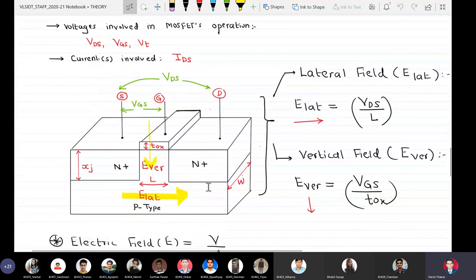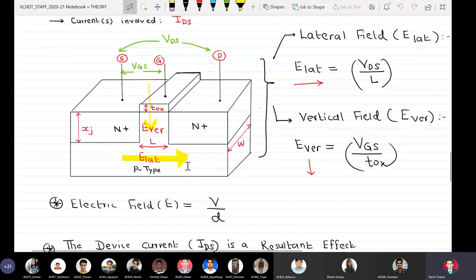We have the width W, we have the channel length L, which is nothing but the drain to source separation, we have the oxide thickness Tox, and we have the junction depth Xj. So width W, channel length L, oxide thickness Tox, and junction depth Xj are called the geometries of the MOSFET, while VDS, VGS, and VDD are called the electrical parameters of the MOSFET.